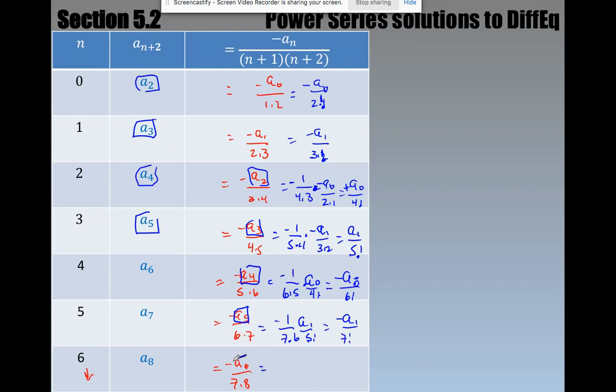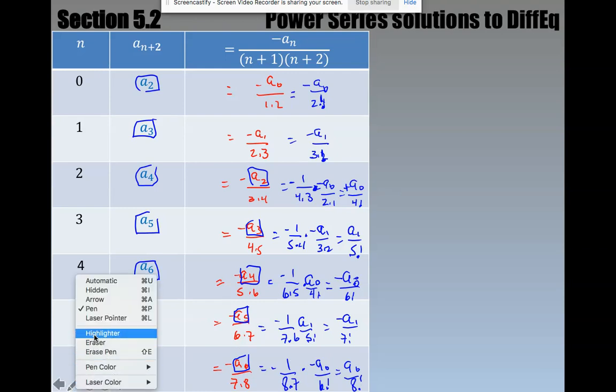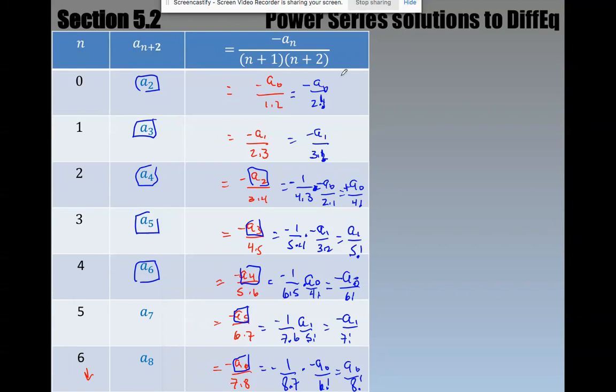All right, let's see if I have enough here to build a pattern. I don't have a clear-cut pattern for all of them like I did with the first, but I definitely see, can you see everybody that's got an a sub 0 in it?